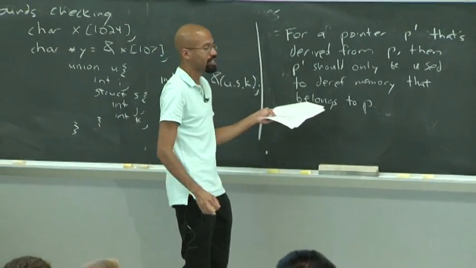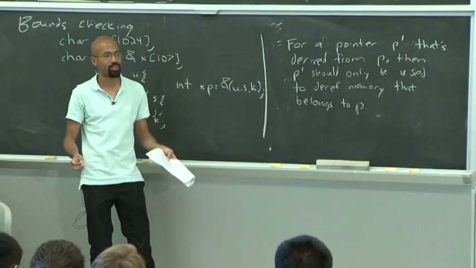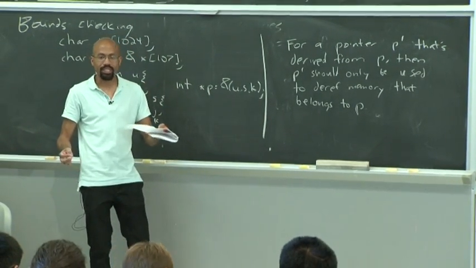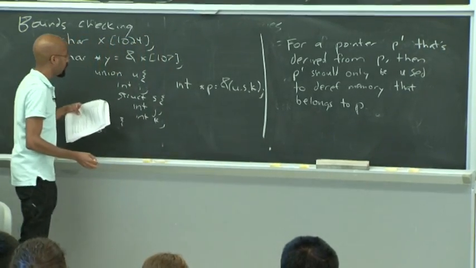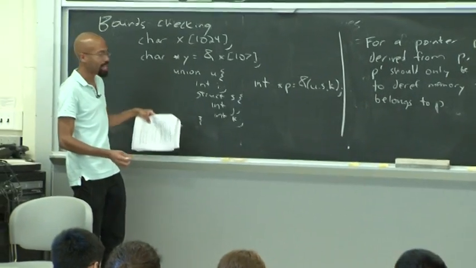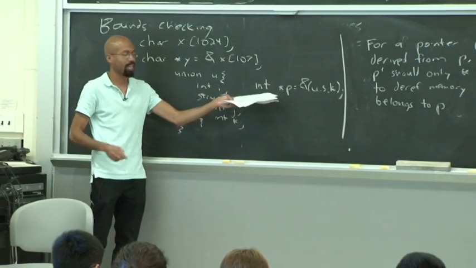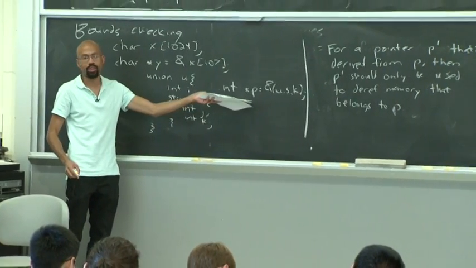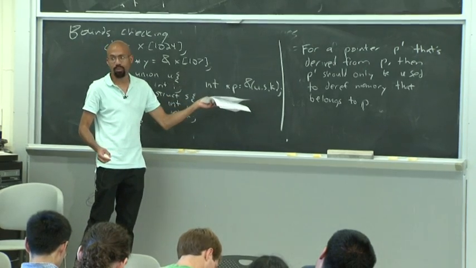Note that this is a weaker goal than enforcing completely correct pointer semantics, right? Because, for example, you could still have weird issues like with this union game. Maybe at this particular point in the program, it wasn't correct for the program to reference that particular value in the union, right? But at least this pointer reference is in bounds.